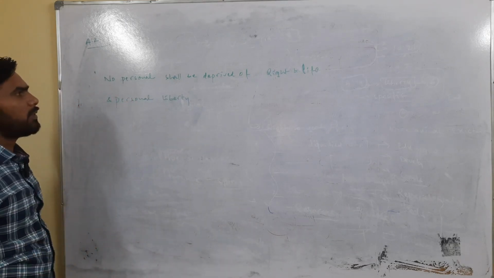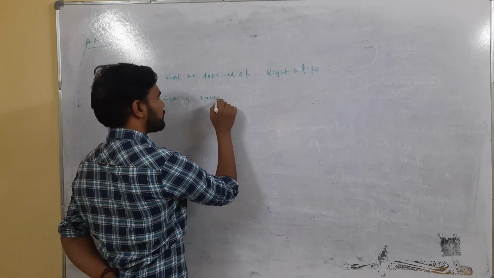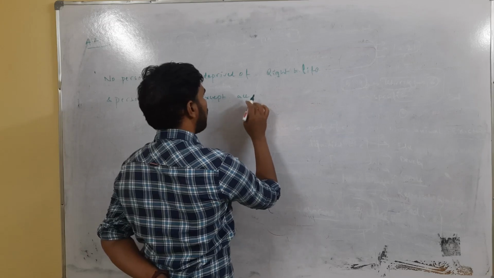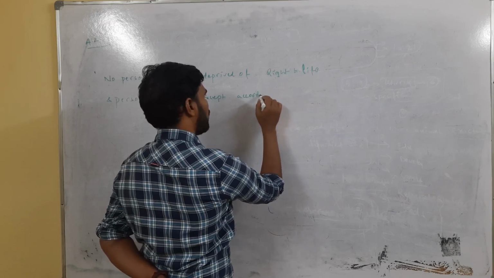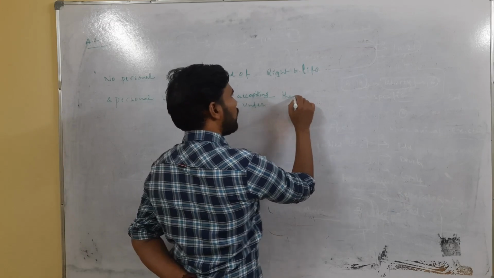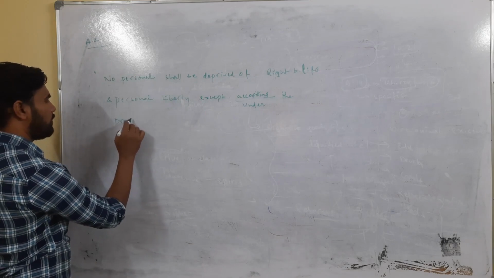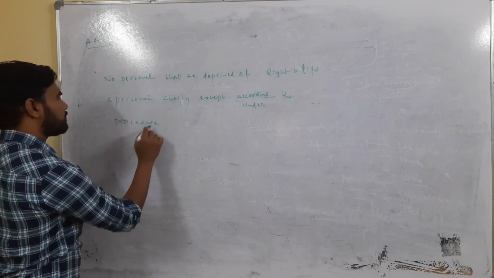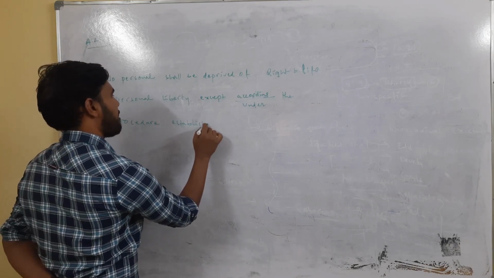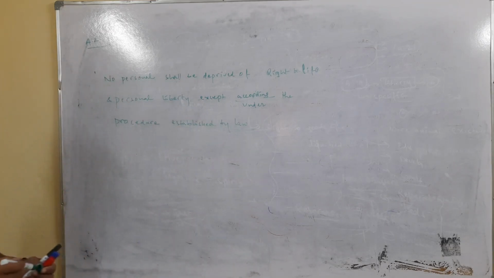No person shall be deprived of the right to life and personal liberty except according to, or under, the procedure established by law. This is very important: procedure established by law. Right, this is the text.